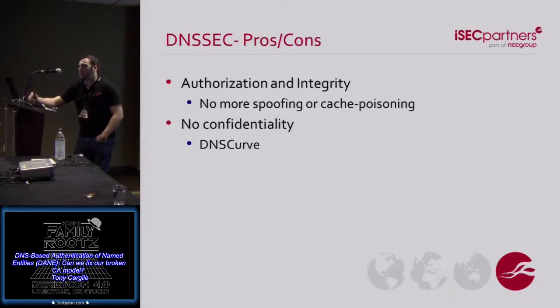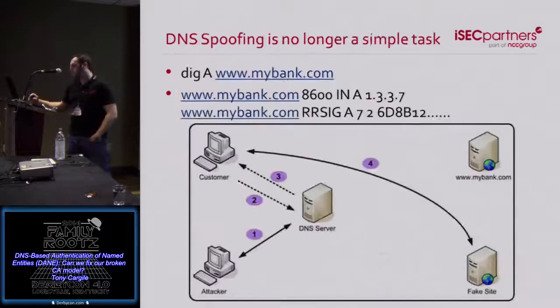So if someone was man-in-the-middling your request, they could tell that you're going to good.dane.verisignlabs.com. That isn't fixed. I noted right here there's a protocol called DNSCurve using elliptic curve encryption. That's not really proprietary, but it's a non-approved protocol that handles this problem. So if you're interested in that, check that out.